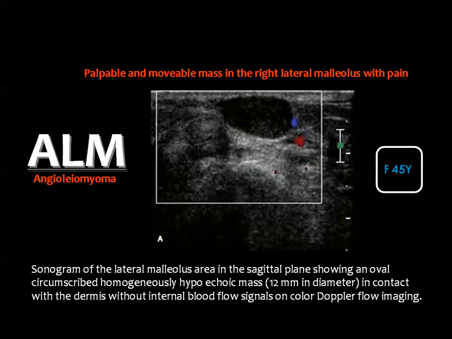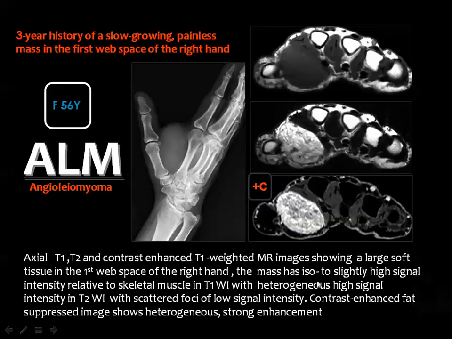Similar to any other soft tissue lesion, by ultrasound you can see a hypoechoic mass, and this is near the skin. By Doppler ultrasound, then you can see some vascularity near the margin of the lesion.